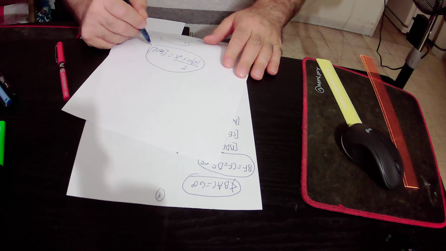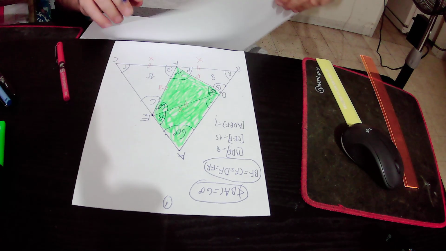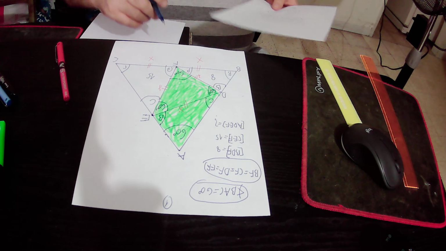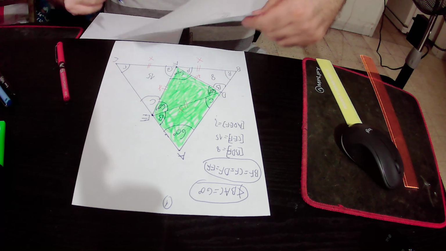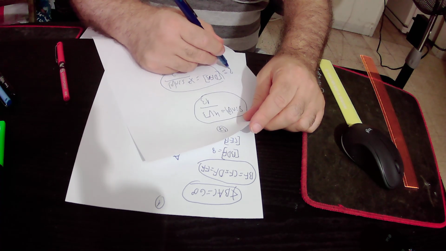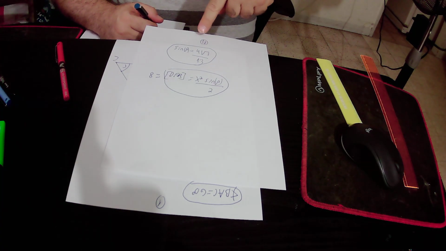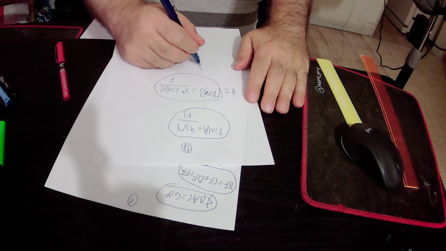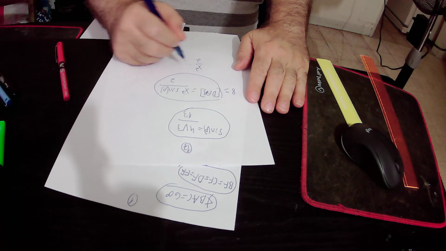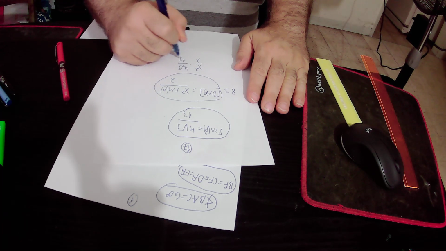Here we will substitute sine P by 4 times root 3 over 13, and we also know that the area of triangle DBF equals 8 square units. So we get that x squared over 2 times 4 times root 3 over 13 all equals 8.